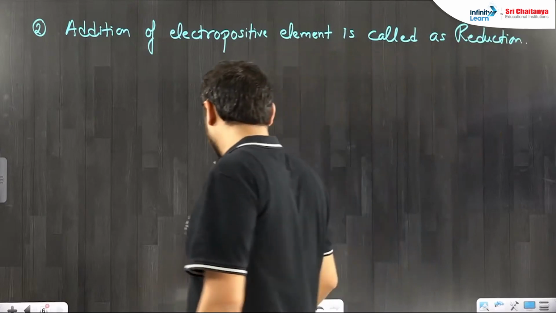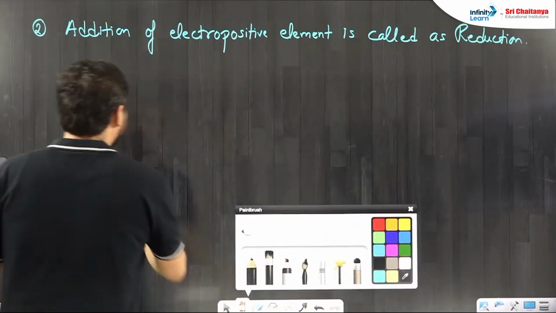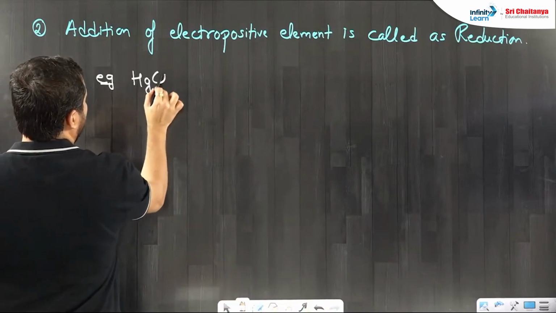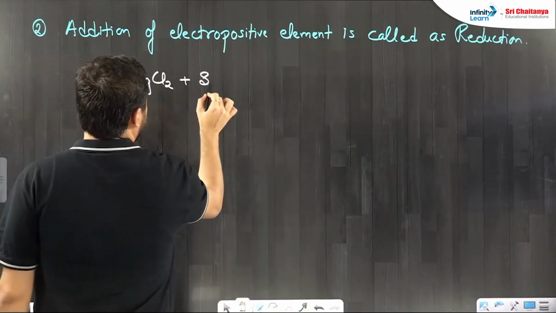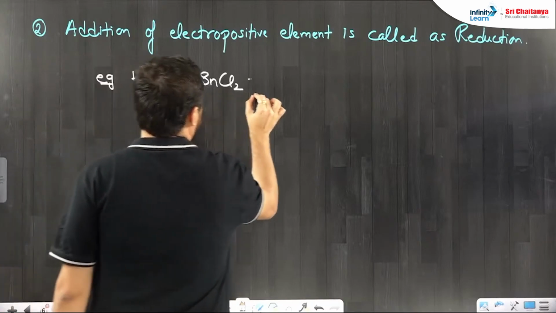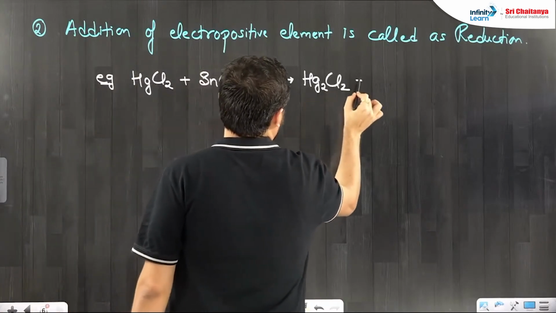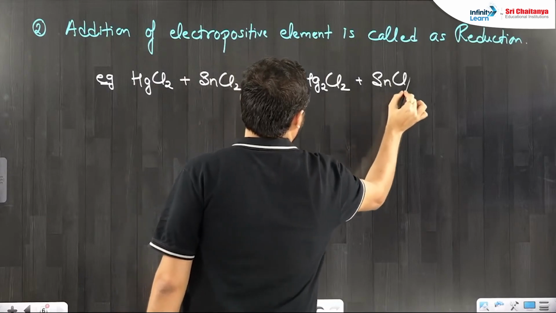Reduction process. Now if I write example here, let us take HgCl2 plus SnCl2. What is formed? Hg2Cl2 plus SnCl4.